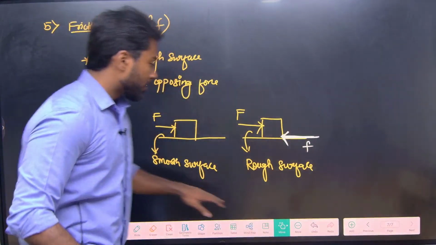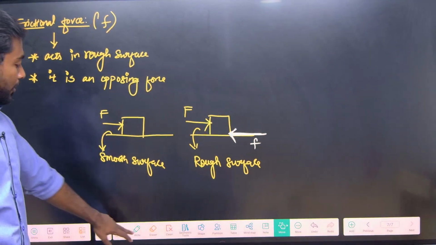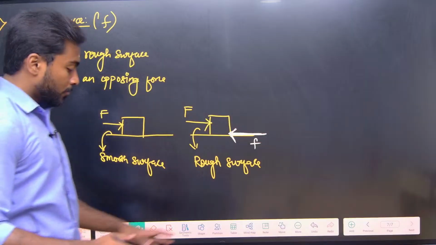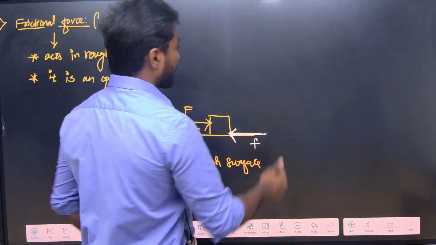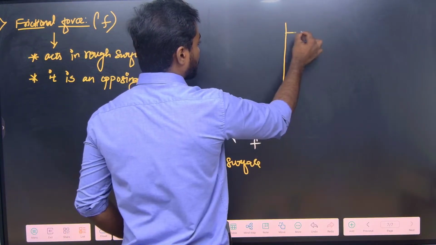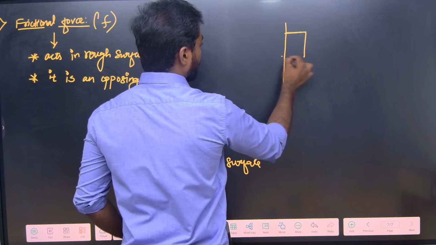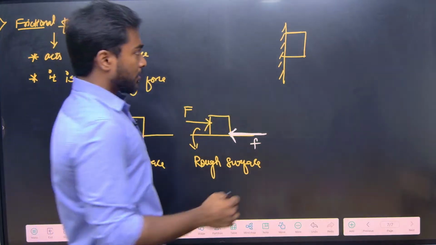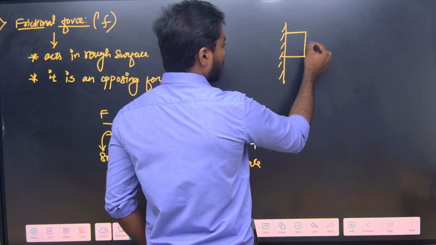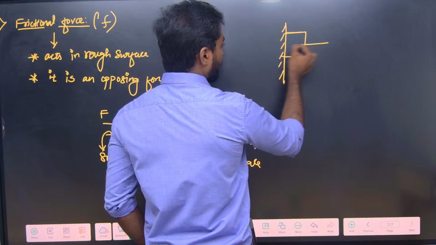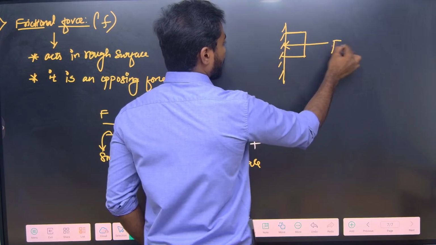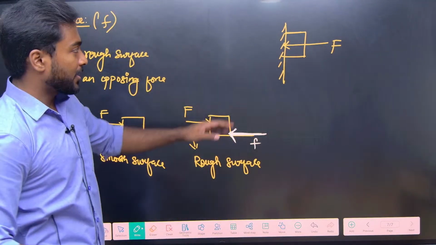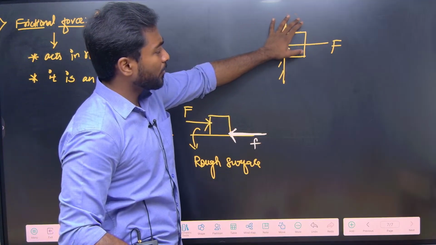Okay sir, now, not the incline, how does it act on a vertical wall? Suppose this is my vertical wall, and you are trying to give the force in this direction. Obviously some force will be acting towards them.